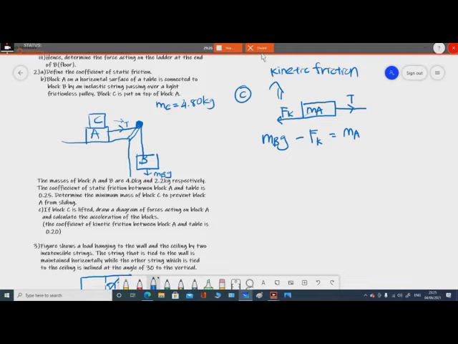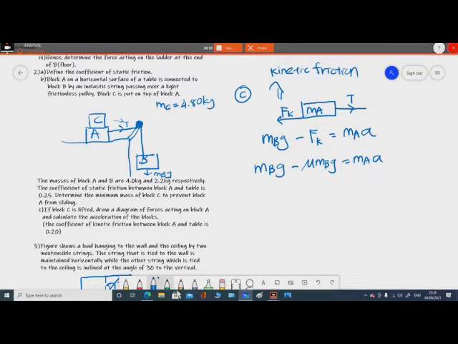There is no more mC, so the mass of C is not required, and this will give our acceleration. So what is the mass of B? This is 2.2 and 9.81. The coefficient of kinetic friction, let me write down another formula: mu mBg. So this is mA.